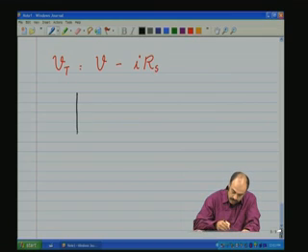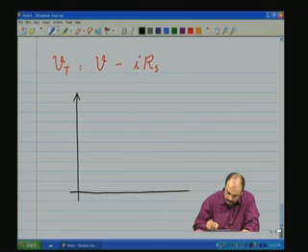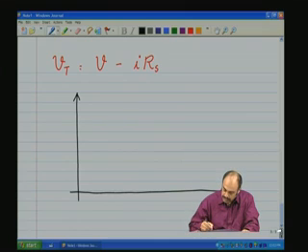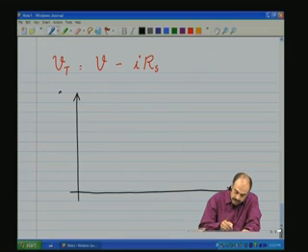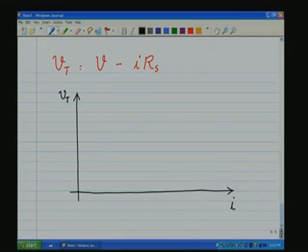So let us now draw the VI characteristic of such a practical source. Now the x-axis is I, the load current, which is the independent variable. The y-axis is Vt. Now at 0 load, it means I is 0, which means there is no current flowing through the output circuit.